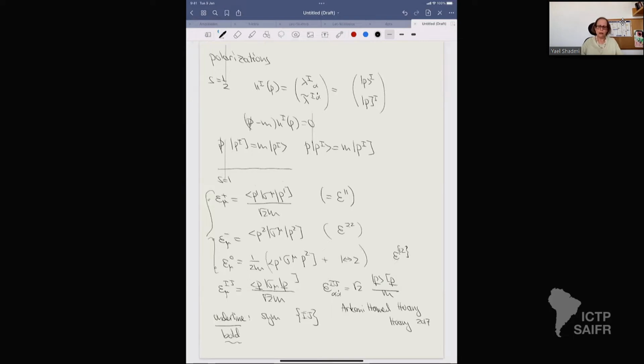And one other comment to make, which I didn't emphasize maybe yesterday, is that remember in the massless case, we of course had some reference momentum that appeared for the polarization vectors. Now we don't, because we're now talking about massive particles, so we don't have any gauge freedom.